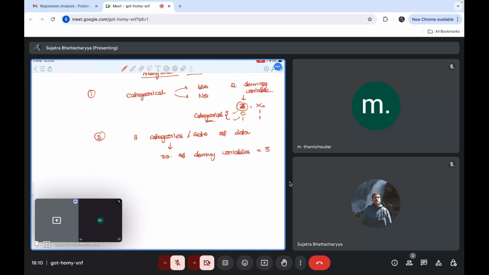But this total number includes x naught and two actual dummy variables. x naught is also a dummy variable of a kind we always use but don't show, because its value is always 1. So excluding x naught, which is one of the dummy variables, there will be two dummy variables involved in three categories of data. So two dummy variables.